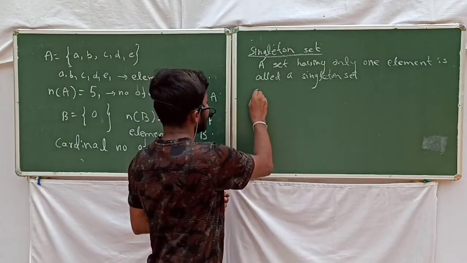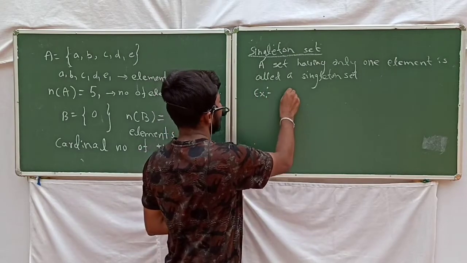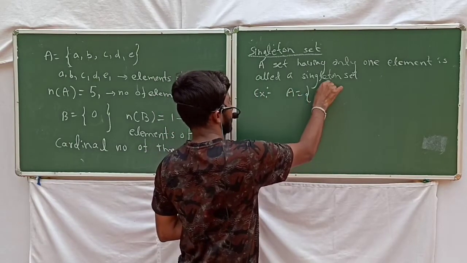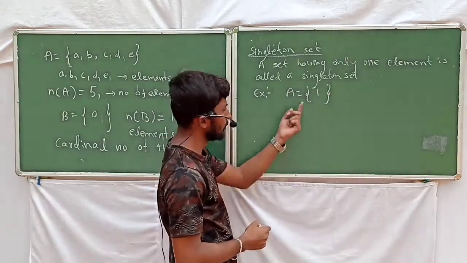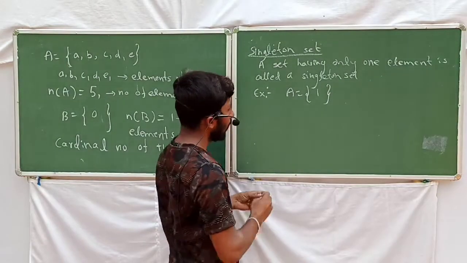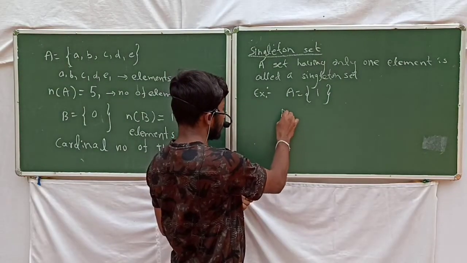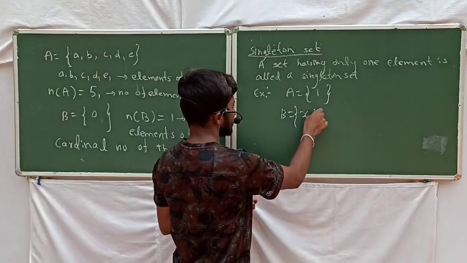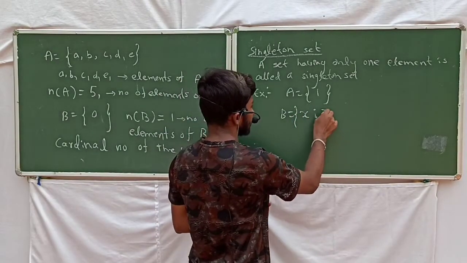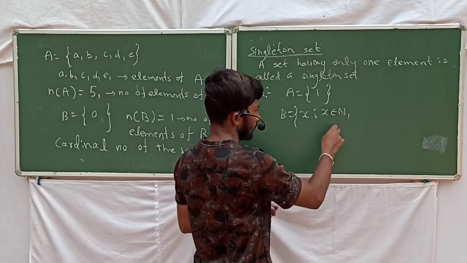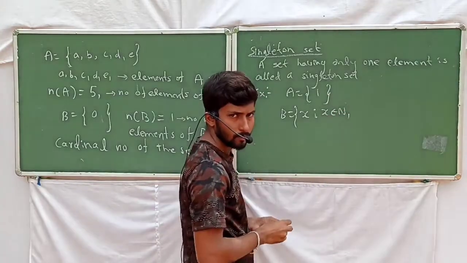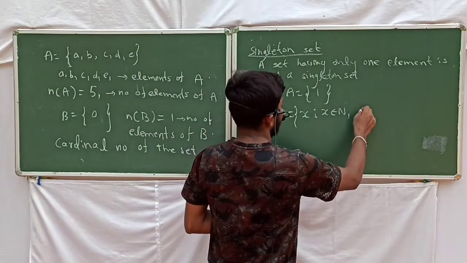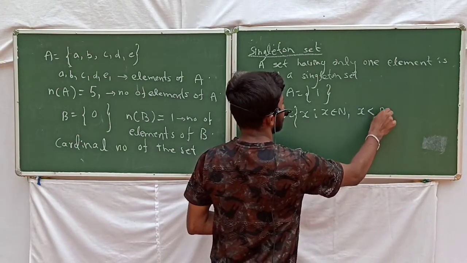For example, A is equal to {1}. Here only one element is there. Or how to write an example in set builder form? B is equal to the set of all x such that x belongs to N, that means x is a natural number and x is less than 2.